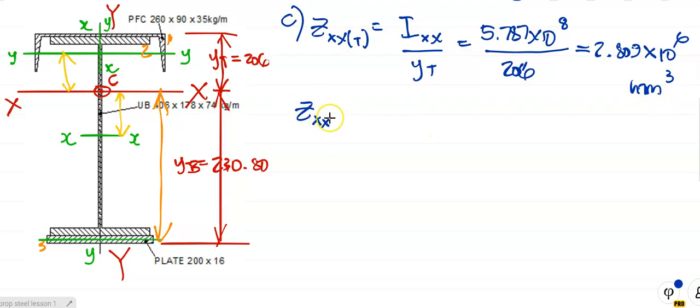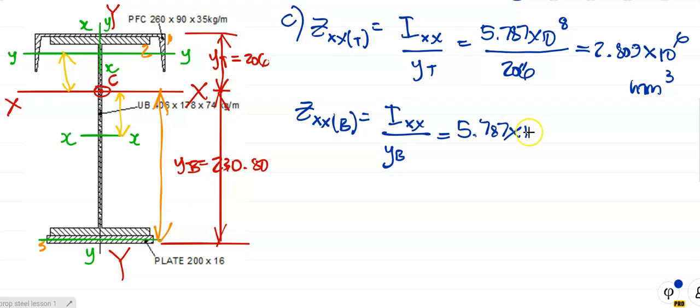ZXX with respect to the bottom fibers is equal to IXX divided by y bottom, which is equal to 5.787 times 10 to the power 8 over y bottom, 230.80.